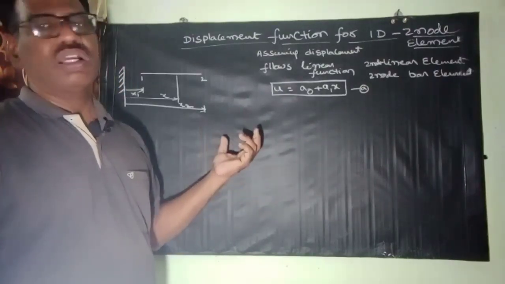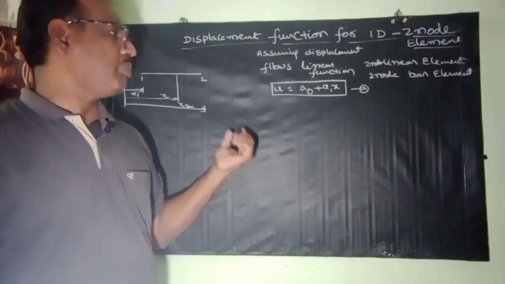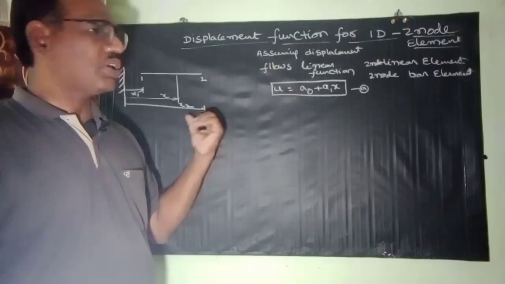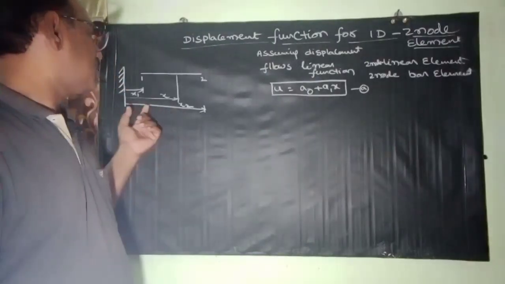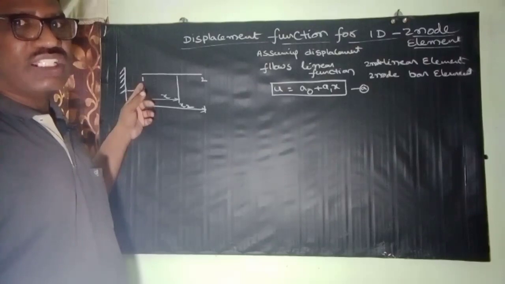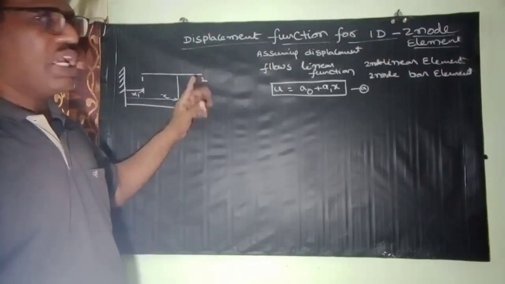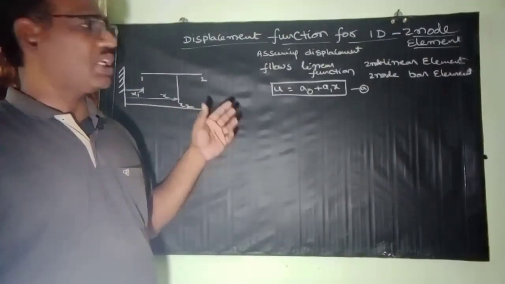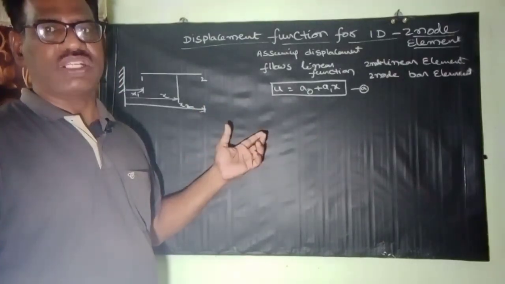To make this equation meaningful, I am rewriting it in terms of the nodal displacements. The nodal displacement is the displacement at node 1 and the displacement at node 2, and by correlating them we can find the displacement at any point.